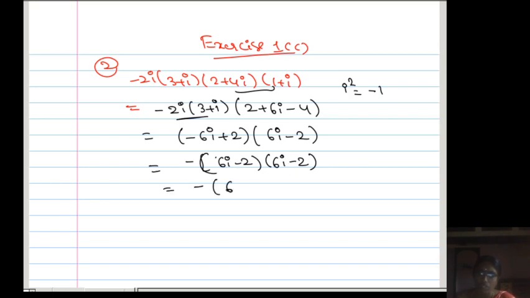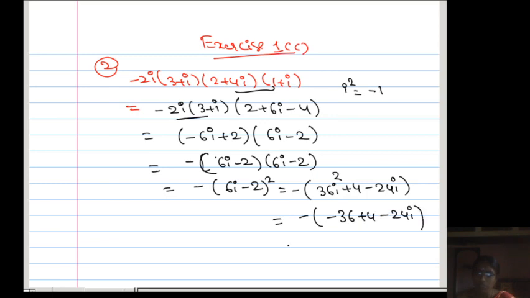So (6i minus 2) whole square means a square plus b square minus 2ab: 36 i square plus 4 minus 2 times 2 is 4, 4 times 6 is 24. So i square means minus 1, so minus 36 plus 4 minus 24. Means 36 minus 4, subtraction is 32.